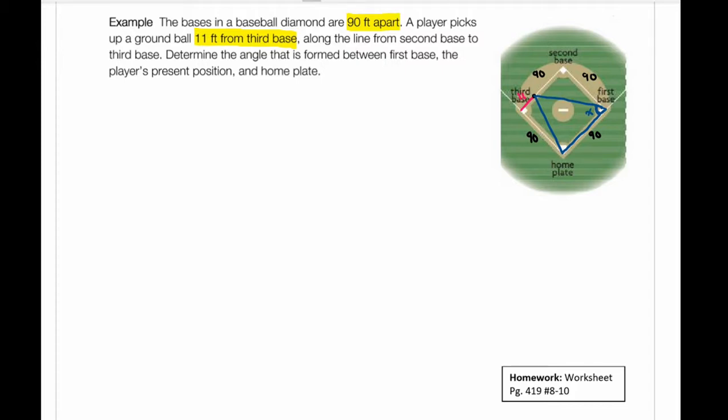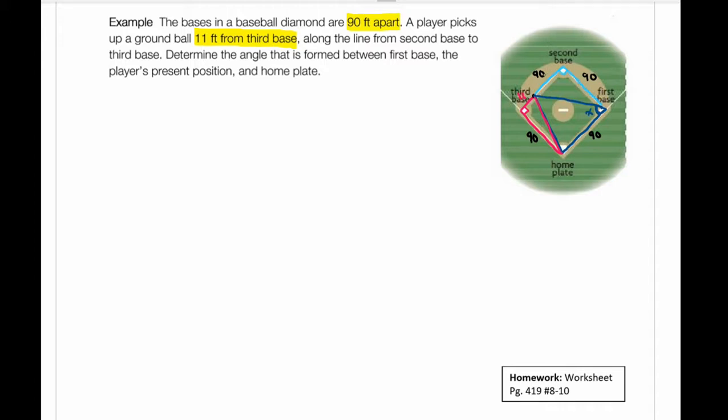And the nice thing about the baseball diamond is that we have 90-degree angles where the bases join. So I can make new right angle triangles here. So there's one with a 90-degree angle. I have two sides. And here's a second one with a 90-degree angle.